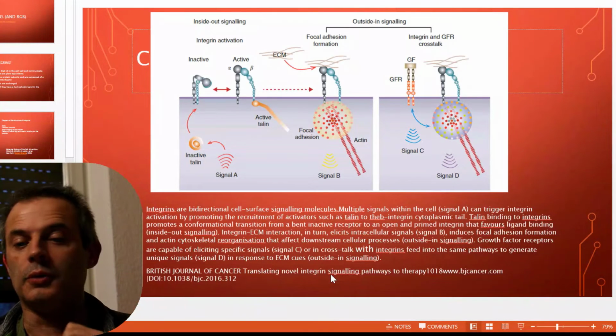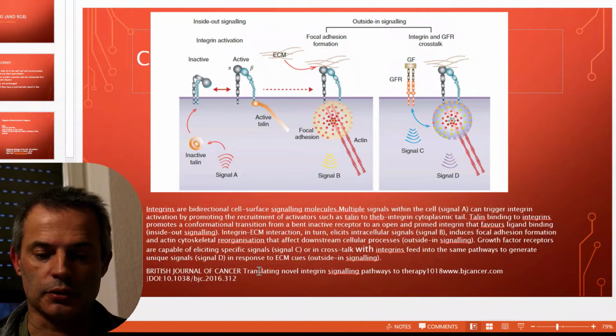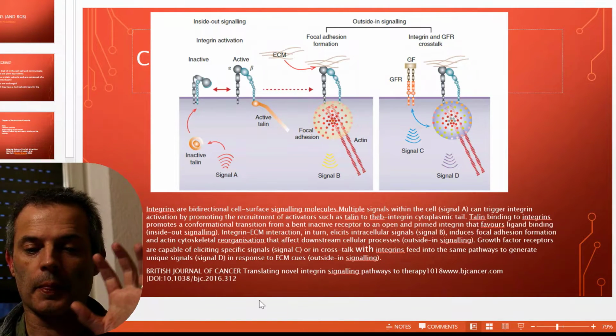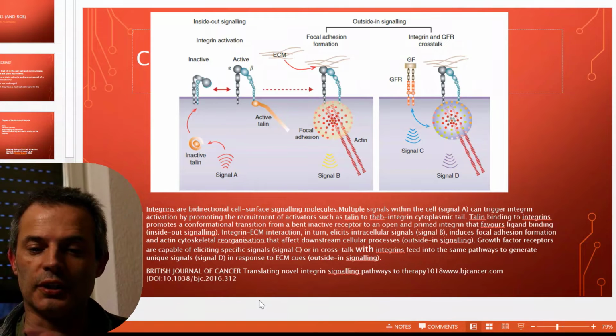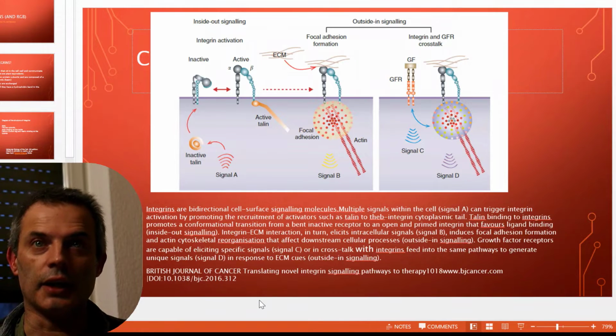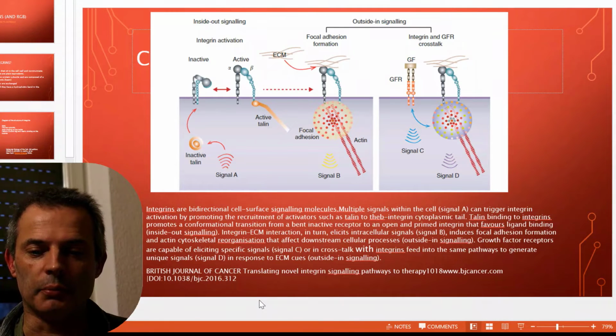Here's a diagram from a different source. The source is down at the bottom here. The diagram is obviously a slightly different style, which is why I've left it till now, because it's a little bit more complicated. Talin comes from inside the cell, binds to the bottom, and causes a shape change in the protein, and that allows it to bond to, in this case, the extracellular matrix, the ECM.